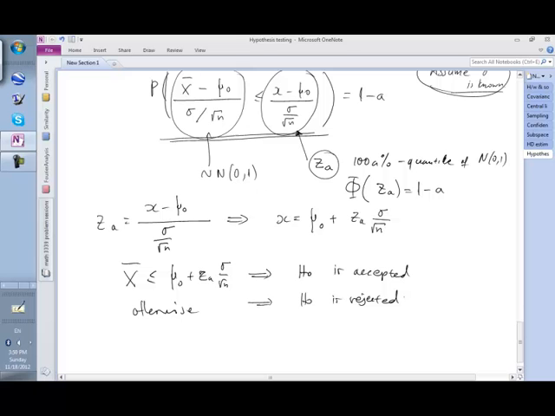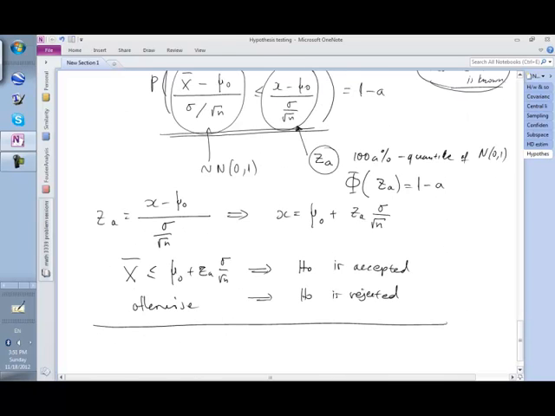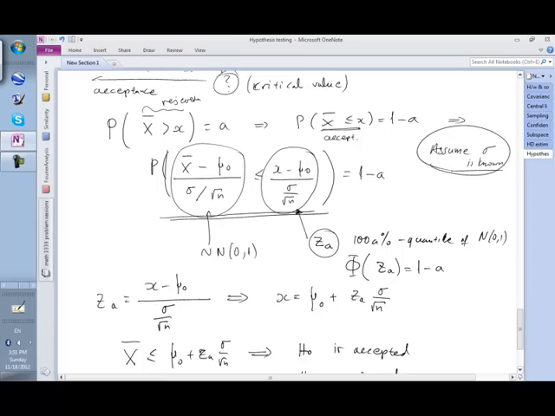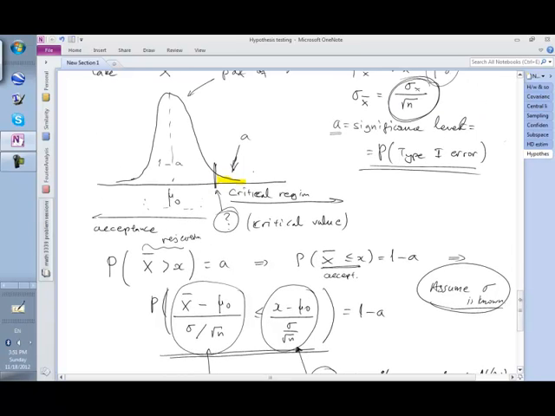This is a very easy way to get this particular one-sided, as we call it, right tail hypothesis testing. And we designed this test by essentially customizing the test so that the type 1 error is not going to exceed this quantity alpha.